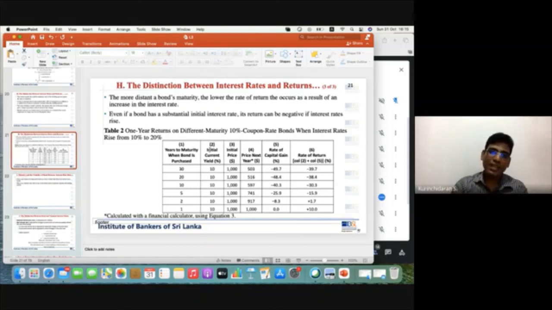So here is an example: when the interest rate moves from 10% to 20%, your portfolio will lose by 50%. A huge loss. If it is 1 billion, you will be losing 500 million worth of value. So you have to book a loss of 500 million. It may be huge for a medium-sized bank, right? So this is what I call interest rate risk.